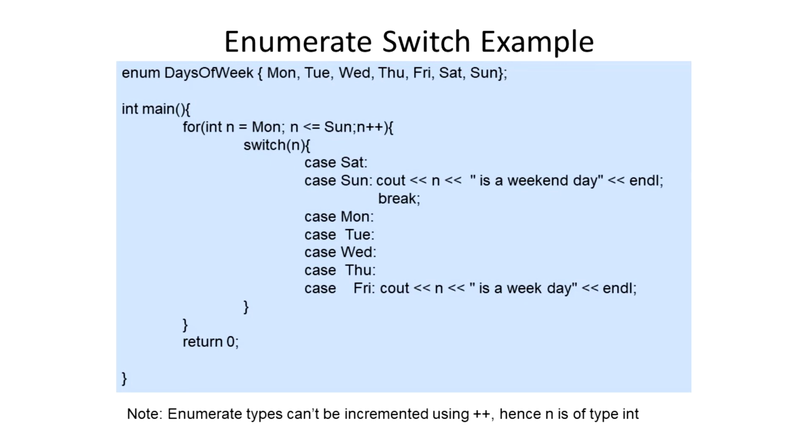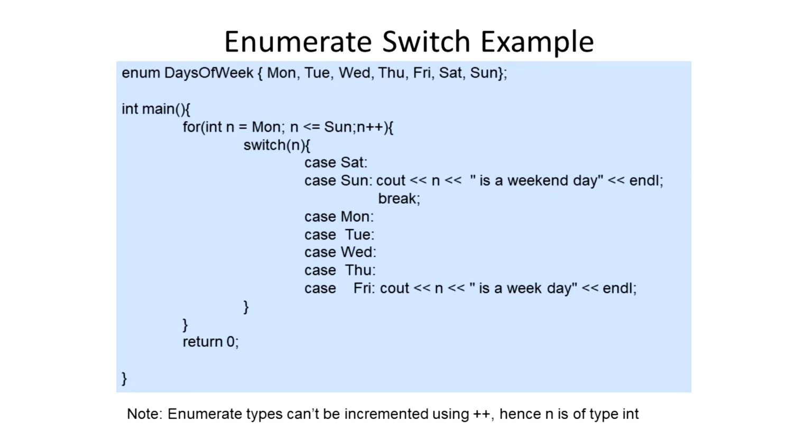If you pay attention to the switch statement here, and specifically the cases, you'll notice that we're combining cases here. We're grouping them by whether they are a weekday or a weekend day. You notice here that we start with case sat and then have colon without saying anything afterwards. But then we go immediately to case sun and then have colon.